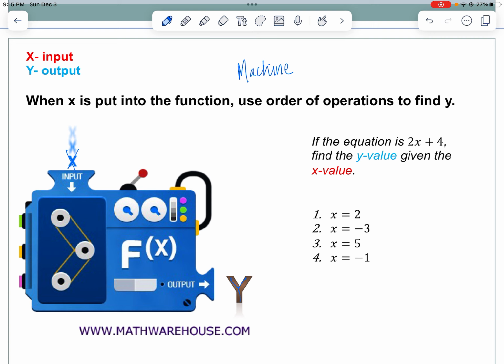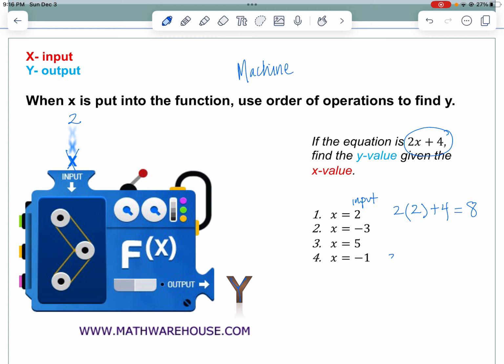I always have a rule for my function, then an input, and then an output. So if I plug 2 into this function, what that means is plug 2 in for x, and what I get is 2 times 2 plus 4. That's 4 plus 4 is 8. And what I get out depends on what I put in.